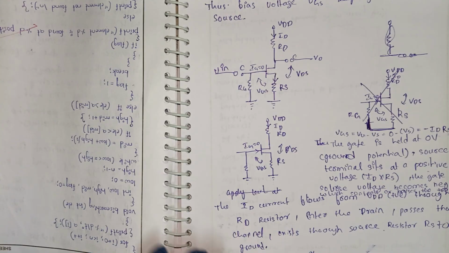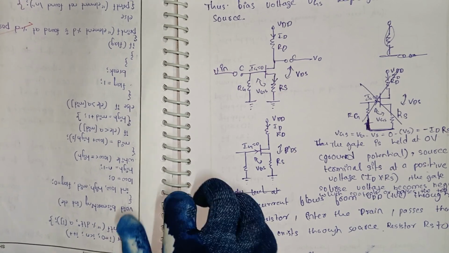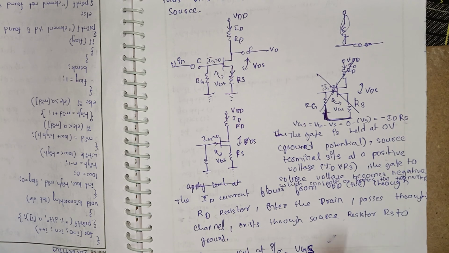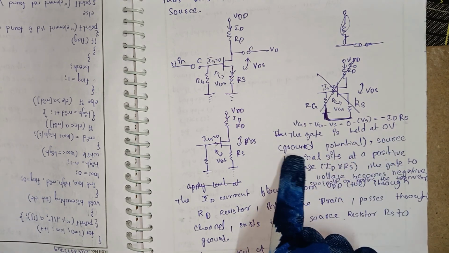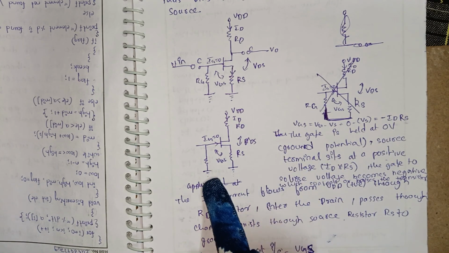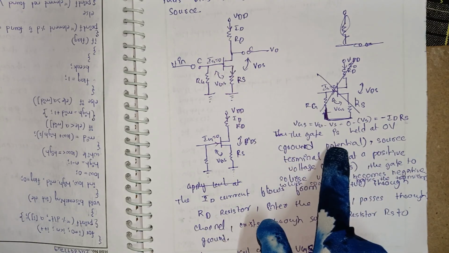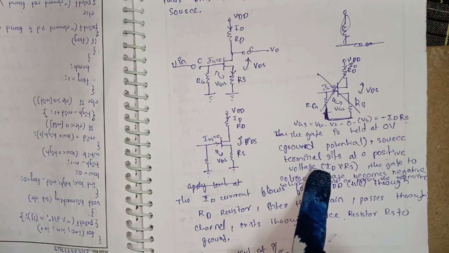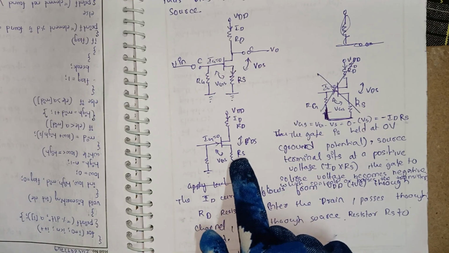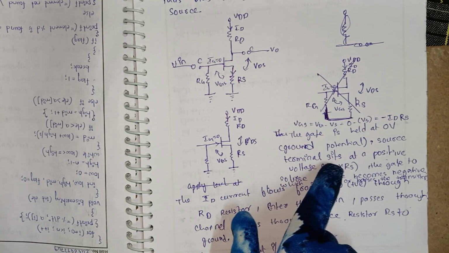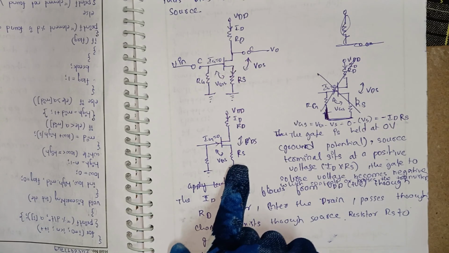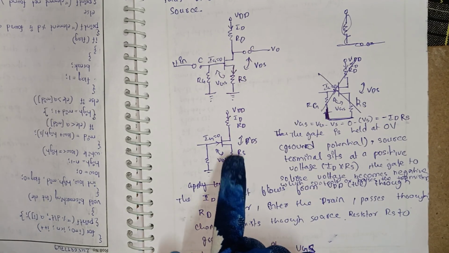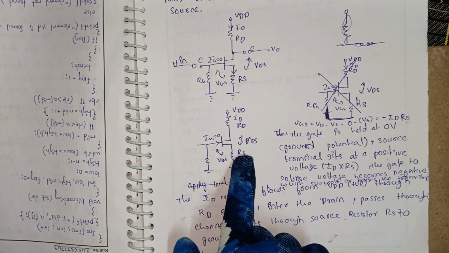Here the gate is held at 0, ground potential. The source terminal sits at a positive voltage, means ID into RS.